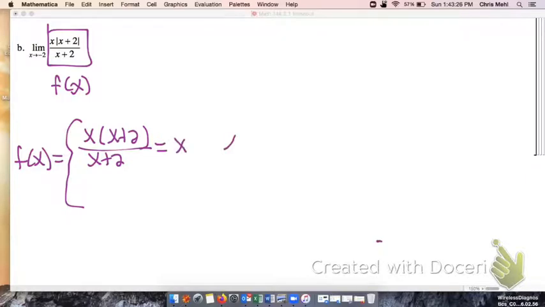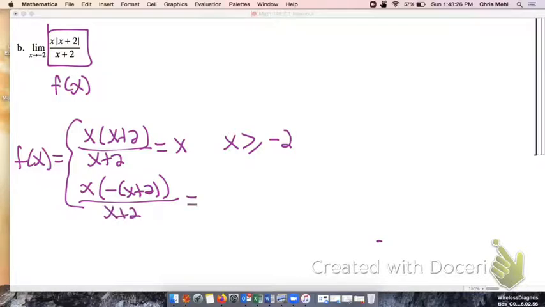And this is when x is greater than or equal to -2. Or the absolute value of x plus 2 can be minus x plus 2. And in that case, you would just get a minus x, right? The x plus 2's would cancel. And this happens when x is less than -2.